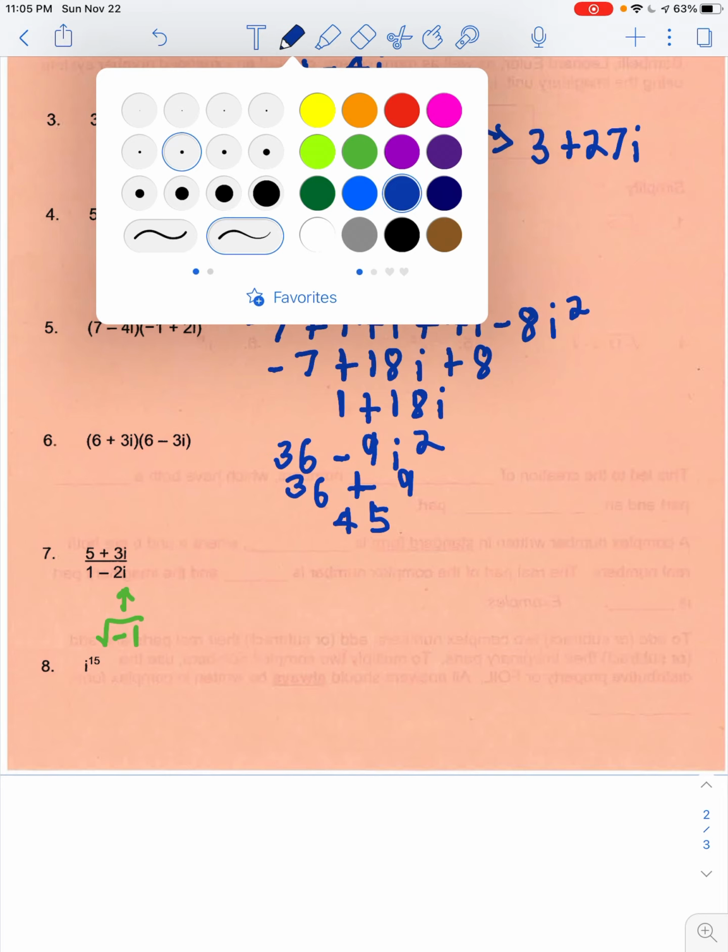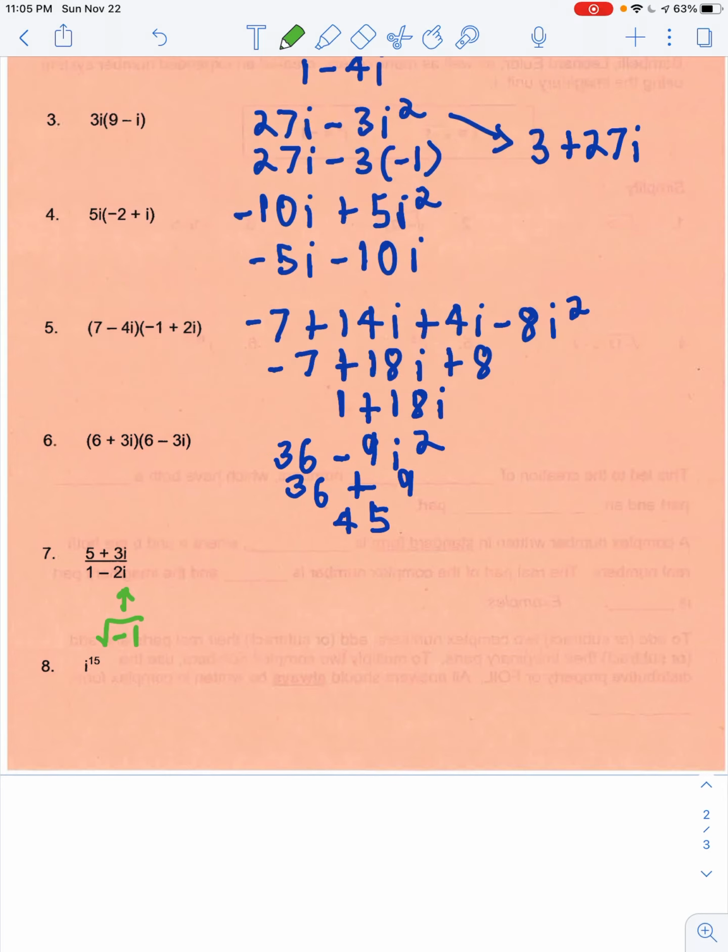So what we need to do is rationalize by using the conjugate since the denominator is a binomial. So the conjugate of 1 minus 2i is 1 plus 2i. Remember, if the denominator, the binomial, is a difference, the conjugate is a sum. If the denominator was a sum, the conjugate would be a difference of the two terms.